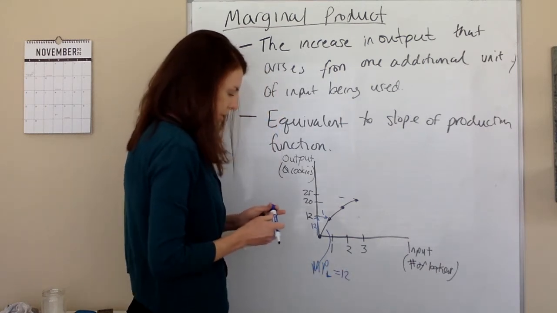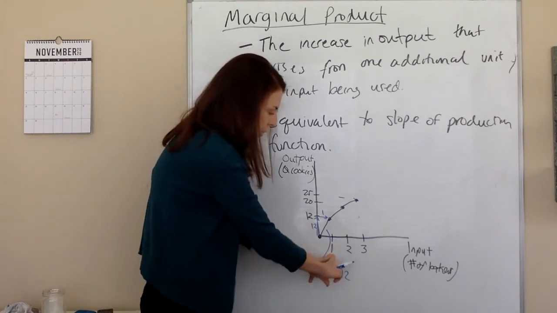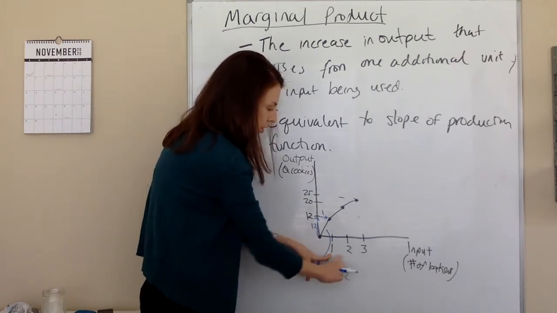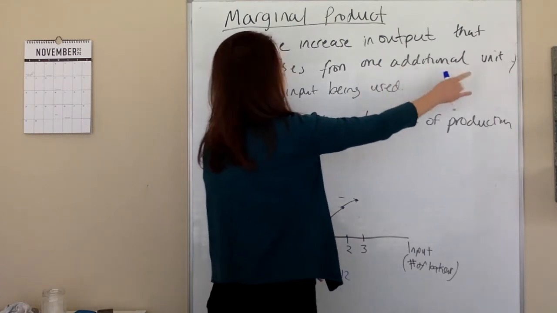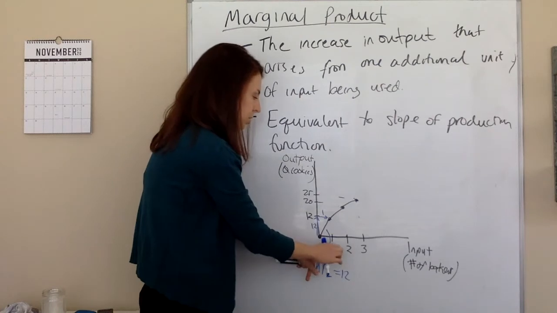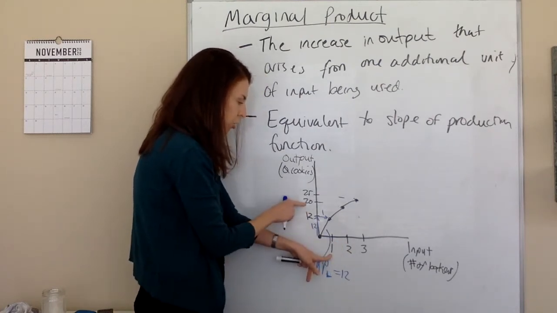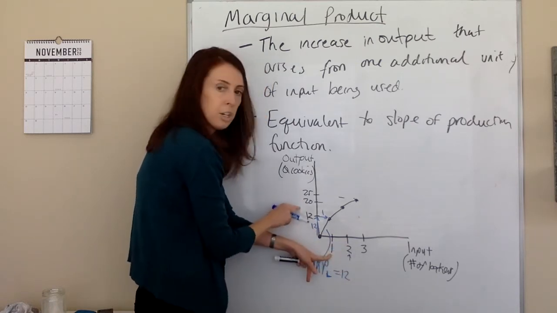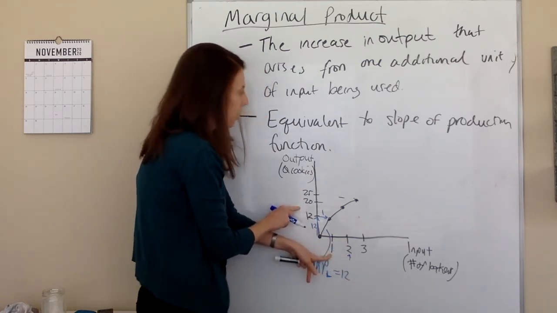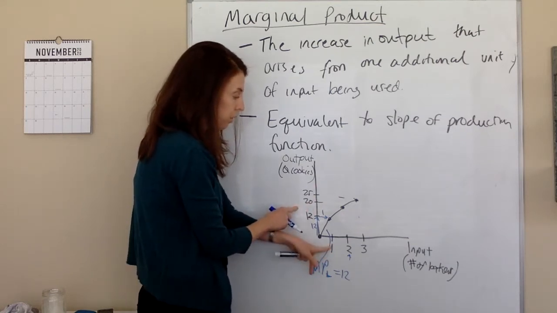Okay, what about the marginal product of the second worker? If you go from 1 baker to 2 bakers, this is a 1 unit increase in input. So we have 1 additional worker being used. He increases the output from 12 to 20. So this second guy is contributing 8 cookies, which means the marginal product is 8. That should also be equivalent to the slope.